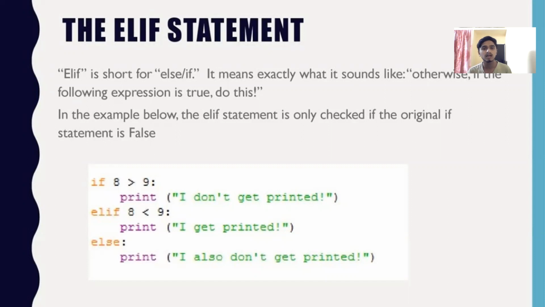In the example below, the elif statement is only checked if the original if statement is false. If 8 is greater than 9, print I don't get printed. Elif 8 is less than 9, print I get printed. Else print I also don't get printed. So this is a simple example from which we can understand the elif statement.